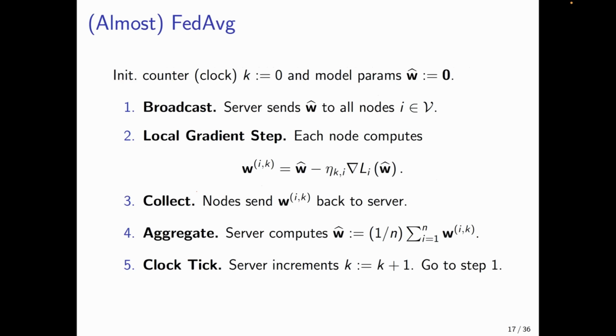It's a Raspberry Pi, a little mobile computer without any battery anymore, so it cannot do this gradient step, and it cannot send the updated model parameters back to the server. So what happens? Well, if the server is strict, so it requires all nodes to return the local model parameters, then the whole system breaks down.